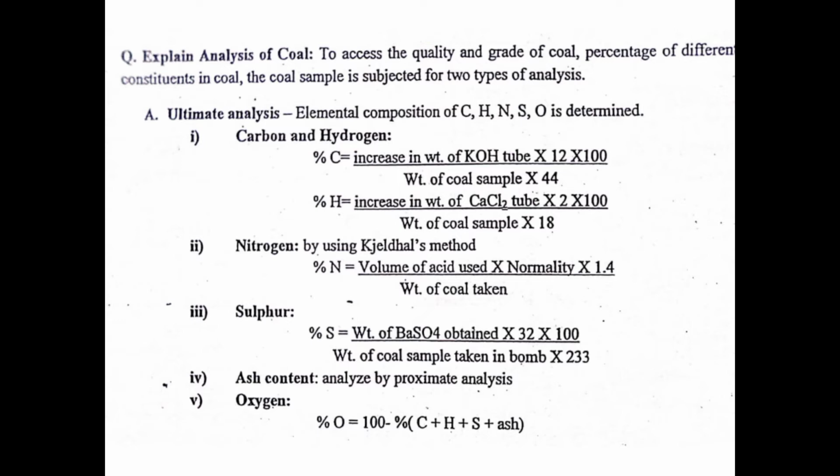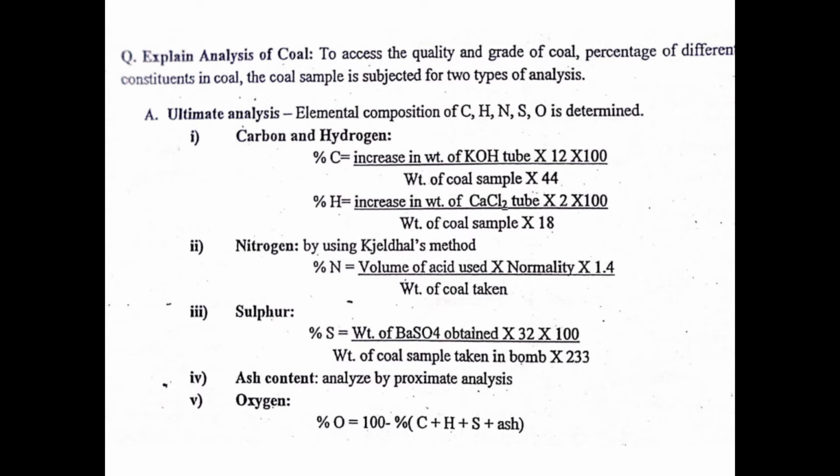The second composition we measure through ultimate analysis is nitrogen, in which 1 gram of coal sample is heated with concentrated H2SO4 along with K2SO4. This is called the Kjeldahl flask, in which this process is done.